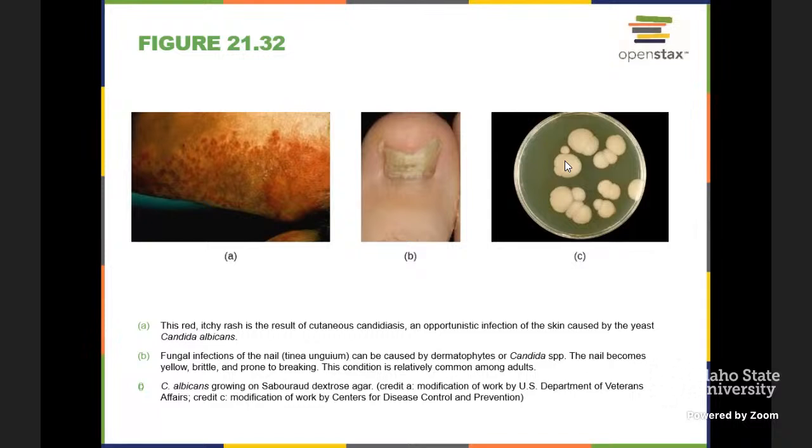The yeasts, if we were to take a little bit of this and stain it up, we would see large, kind of oval-shaped yeast cells with, dependent upon the type of yeast, thick or thin cell walls surrounding them. And the way it stains up can kind of clue you into the cell wall properties a little bit.